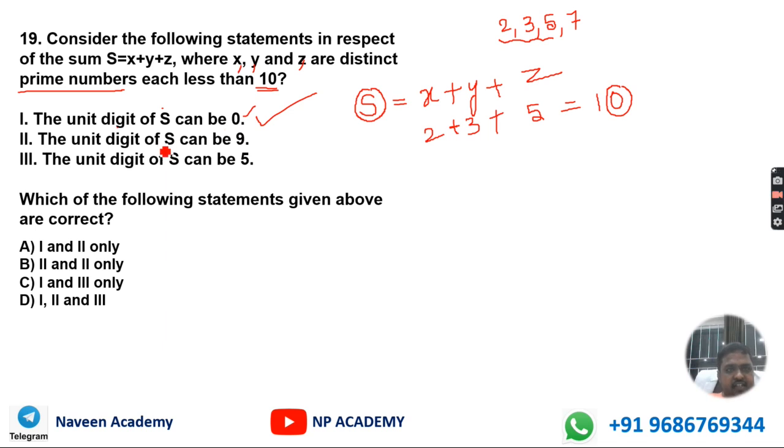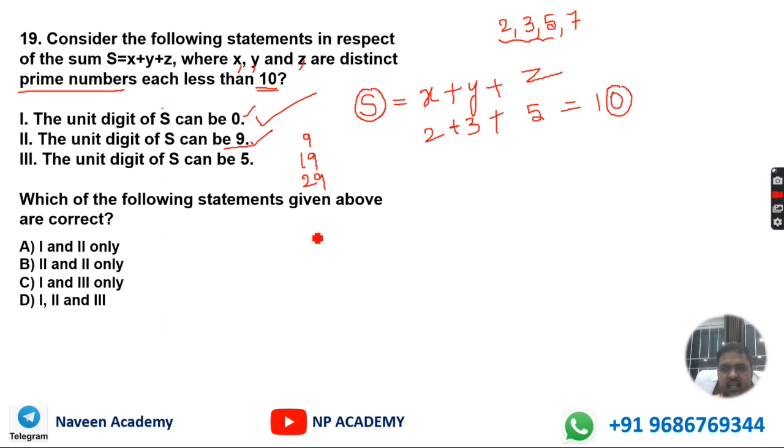Similar way, the unit digit of S can be 9, we have to check. Okay, so this 10 is not possible. If you want 9 as the last digit, you would have to get 9 or 19 or 29, like that.